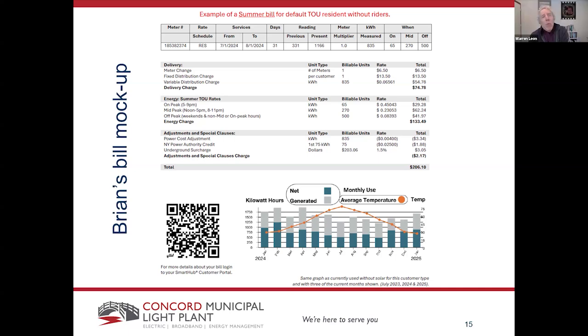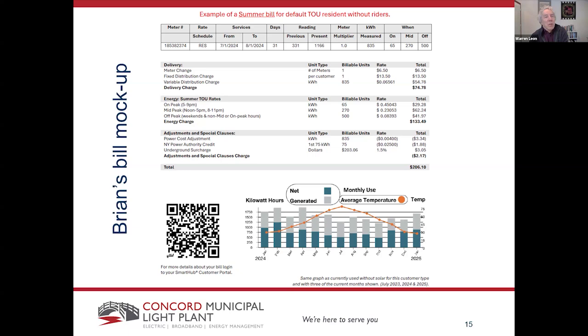So if we were to do a value of solar tariff that looks at projected solar output by different times of the day, and we incorporate that in the rate, does that address your concern? No. Why not?